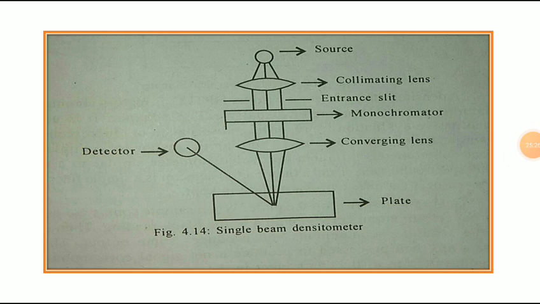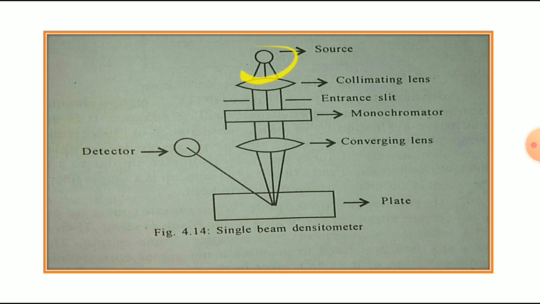So the first component here is the source. This is the radiation source, or you can say light source, UV light source. This will be the collimating lens, entrance slit, monochromator, converging lens. Here is the plate, rectangular shape plate. Here will be the detector.